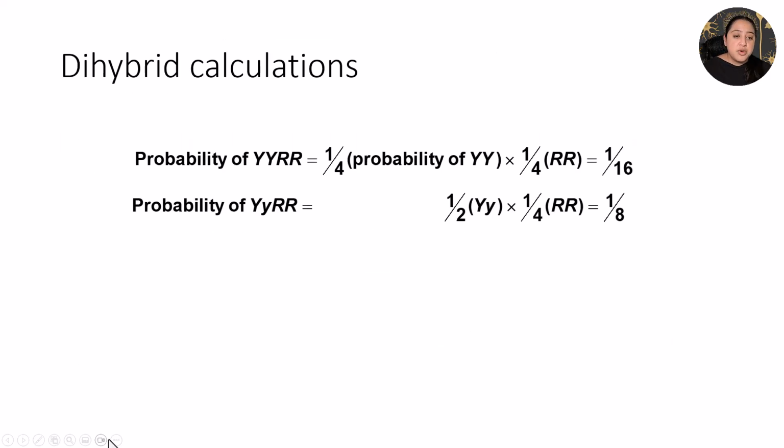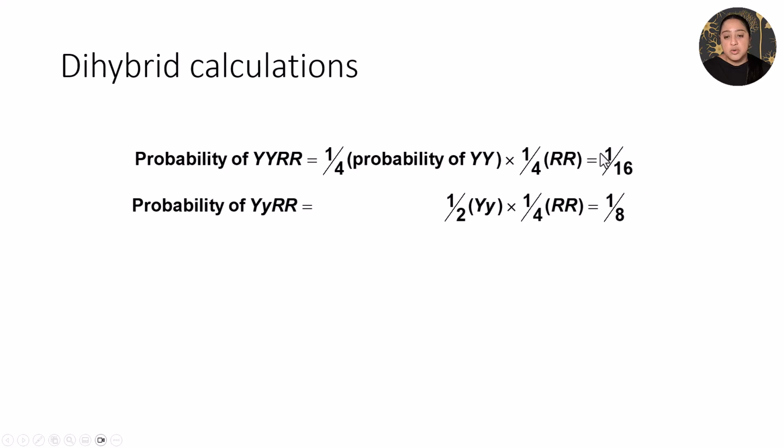So for example, if we're trying to calculate the probability that a seed will end up being both yellow and round, then we can multiply, okay, the probability of it being big Y, or homozygous dominant, is 1 out of 4. The probability of it being homozygous dominant for round is also 1 out of 4.